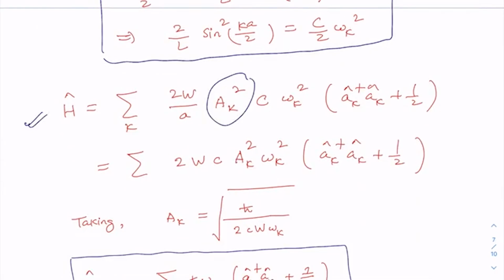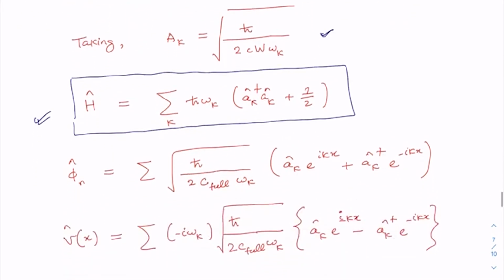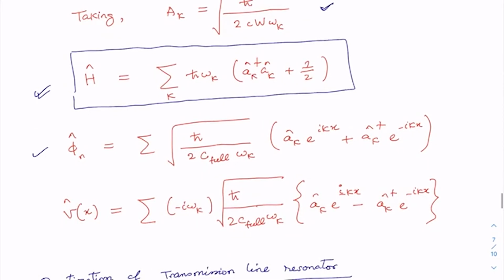Now choosing a_k in this form, we can write our Hamiltonian in a simple harmonic oscillator form, which physically means that our transmission line is nothing but a collection of independent simple harmonic oscillators. And we then have the magnetic flux as well as the potential, or the voltage, which we can work out very easily as we discussed in the last class.